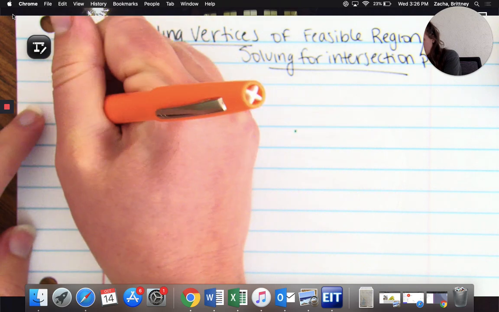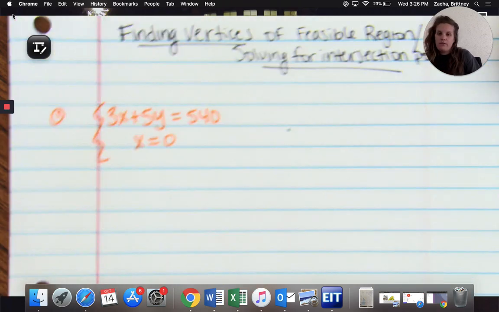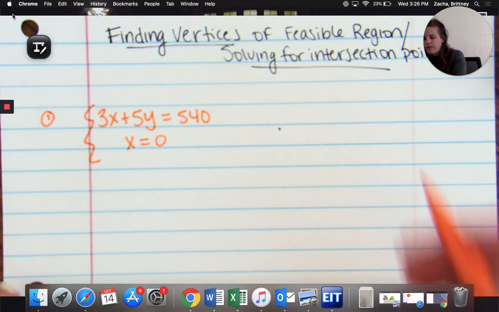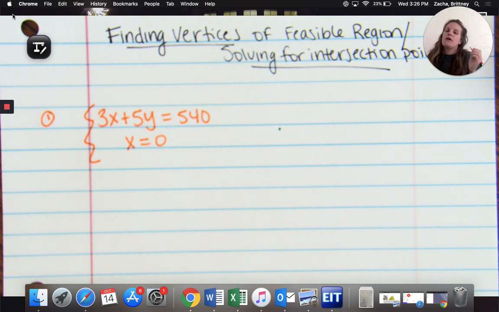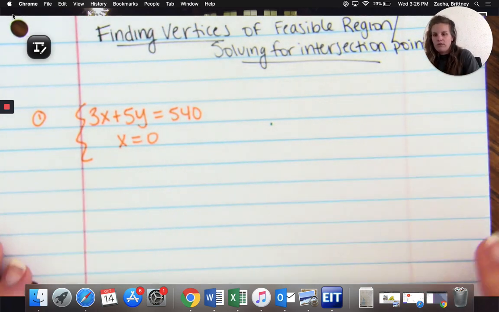This represents your first vertex. I'm going to go back and solve all of these, but I want to set them up first, because the students who feel really good about solving systems, I just want you to see the setup of it. Then you can stop watching the video and go and do this for your problem. I don't want to waste your time there, but I will solve all of these at the end.